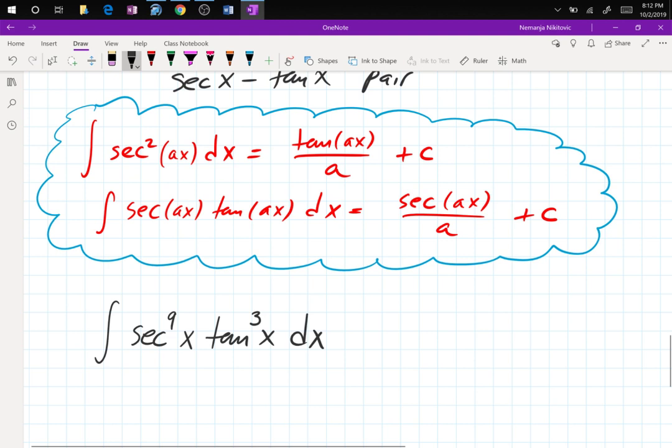So this is what the cheap problems would look like. Why is this cheap? When you look at the formulas up there, you see the secant tangent, and the integral of secant tangent is going to be secant.